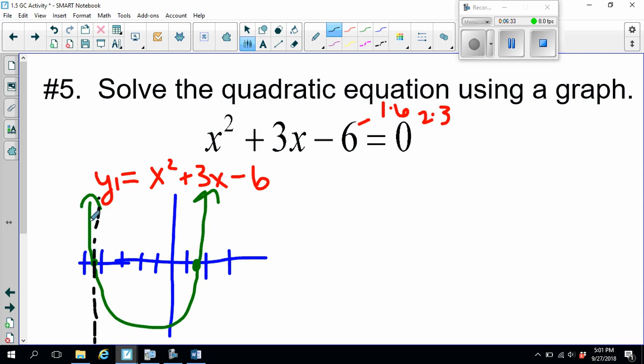So we notice the left-hand side of our x-intercept on the left over here, that the left bound is anything above the x-axis. So that means when I put this in my graphing calculator, when I do the cursor, I just need to make sure that the cursor is somewhere above the x-axis, because that's on the left-hand side of our x-intercept.